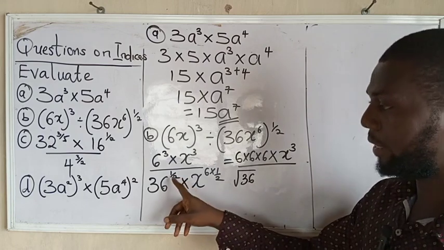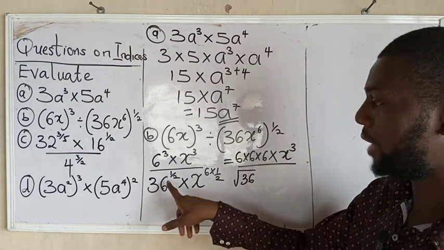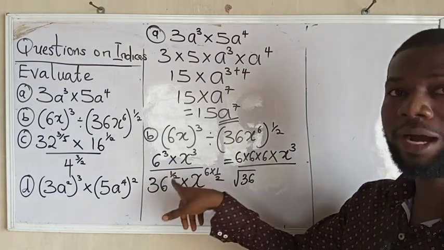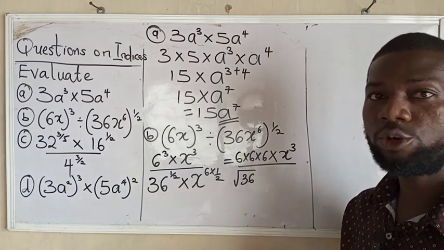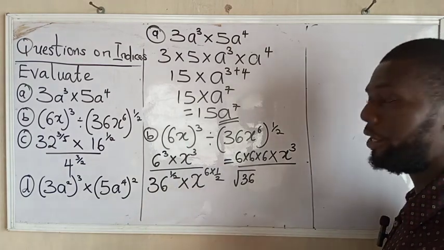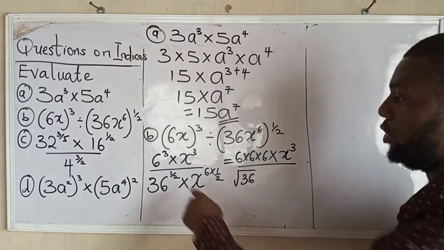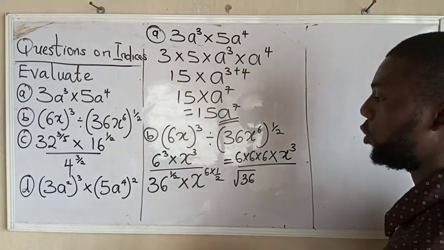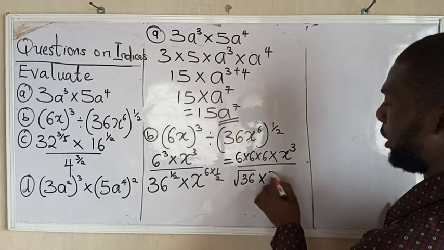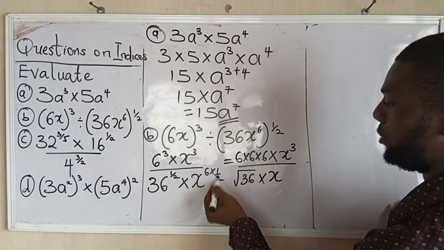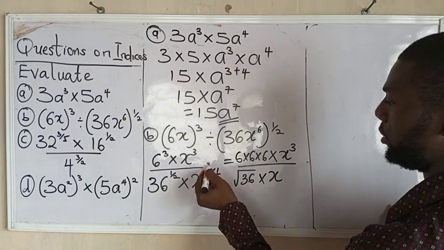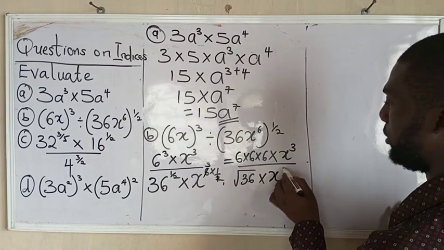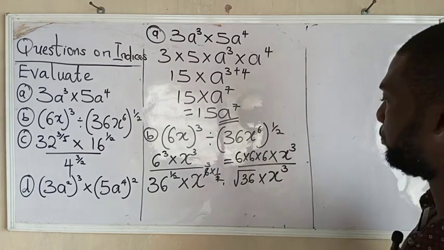Let's not forget that I said in my last video that anything raised to the power 1 over the denominator, that denominator tells us the name of the root. So the denominator 2 here automatically tells us this is the square root of 36 times x raised to power 6 divided by 2, which is 3. So automatically this is like saying x raised to power 3.